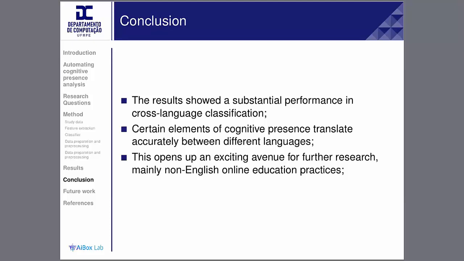So the results show to be promising, right? Certain elements of cognitive presence translate accurately between different languages. And as I said before, this opens up an exciting avenue for further research, mainly in non-English online education practices, right?